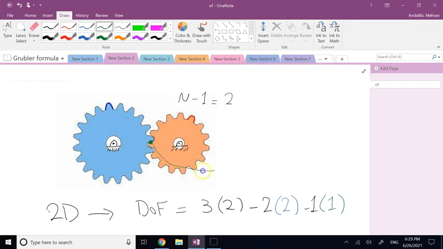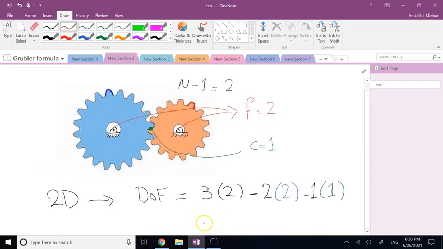And so clearly, again, you see that C, the number of high pairs, is 1, and the number of low pairs are these 2 pivots, which is 2. And so the degree of freedom, calculated as 6 minus 4 minus 1, is going to be 1. So it says that the degree of freedom for 2 gears that are meshed together and both pivoted down to the ground is 1.